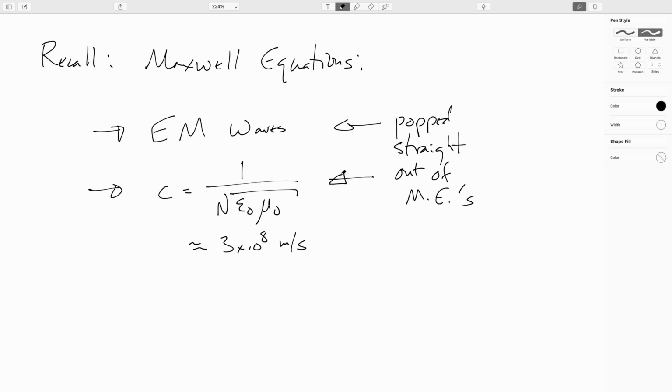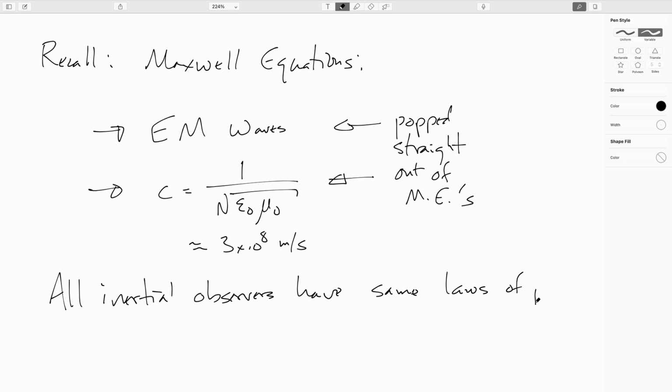Now, if you remember way back to thinking about Newton's first law of motion, one way that you can interpret Newton's first law of motion is to say that all inertial observers have to have the same laws of physics. And this sets up a little bit of a crisis for us here.